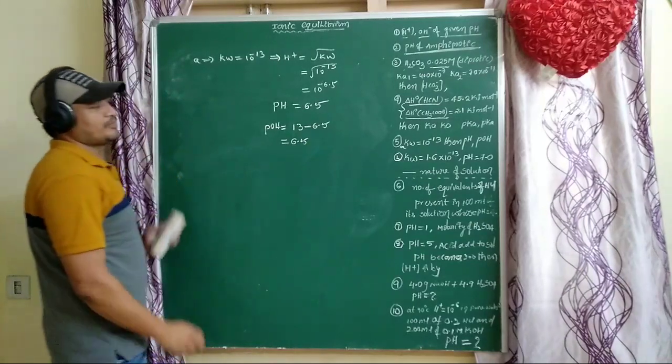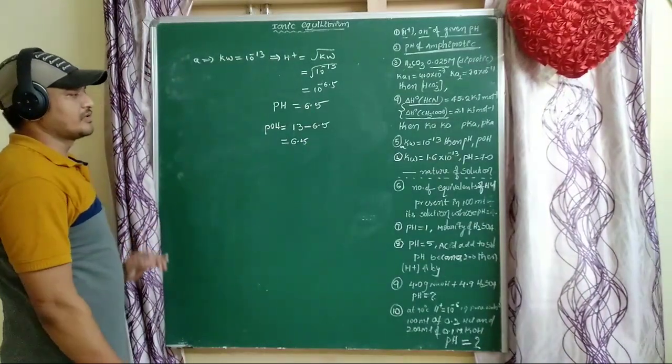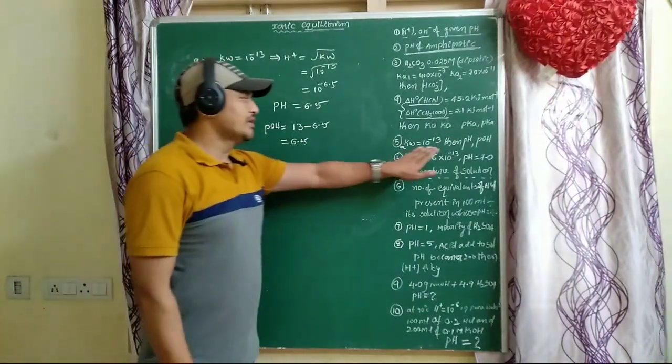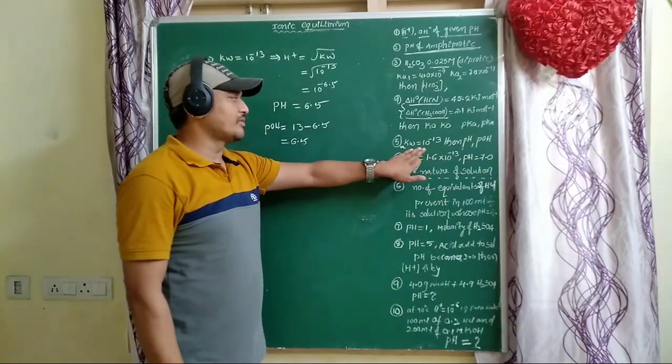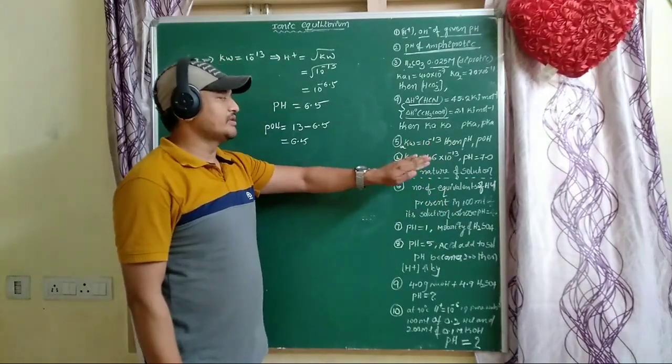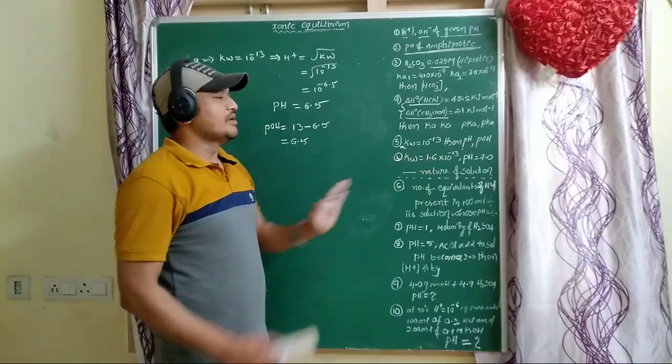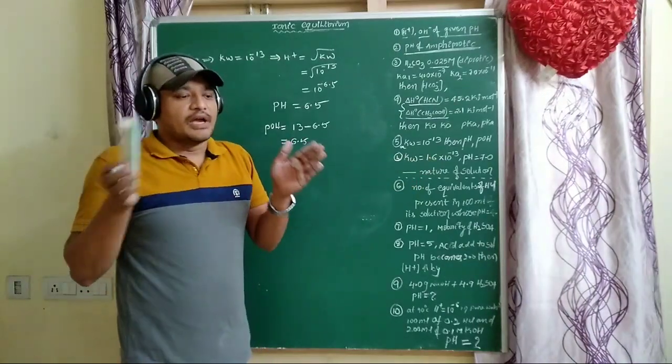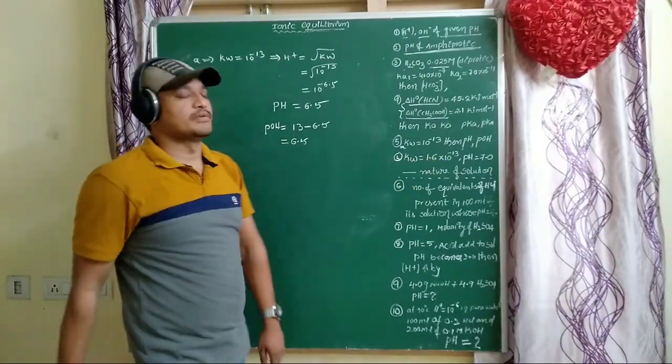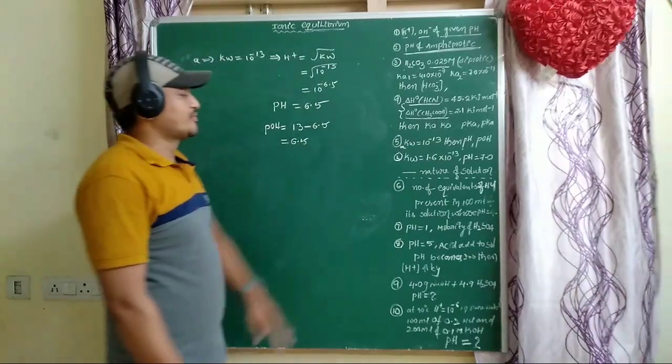Here pH equals pOH, so that solution is a neutral solution. Here Kw equals 10 power minus 13, that means pKw equals 13. Maximum pH is 13 and neutral pH is 6.5.